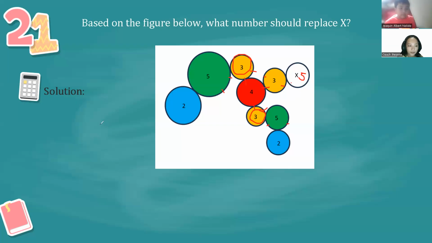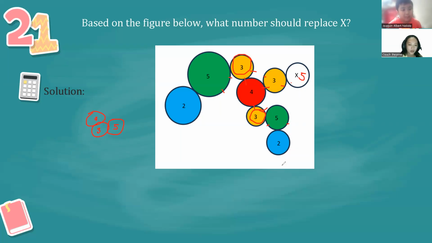So the yellow ball is attached to a red ball and a green ball. If this is 3, then this one is 4 and this one is 5.